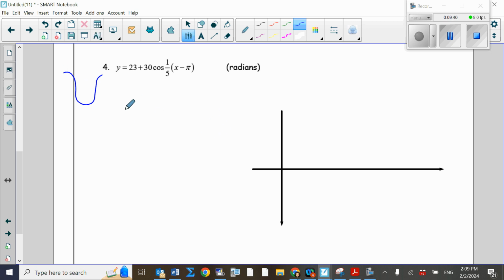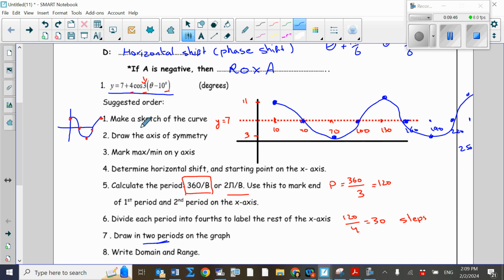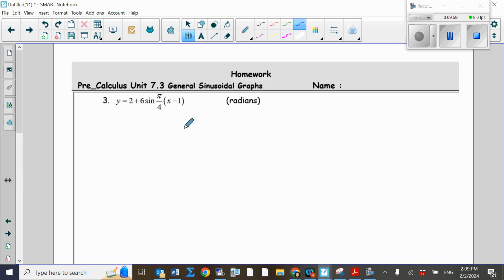Okay, now what was the first step here that we talked about? The first step was sketch a graph, sketch the curve basically, then draw the axis of symmetry. We're going to get that from the value that you see here. This is the vertical shift up or down.